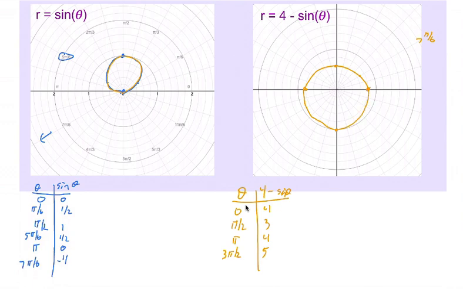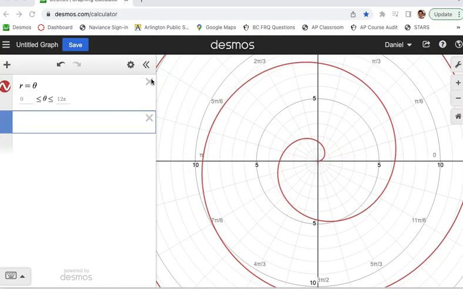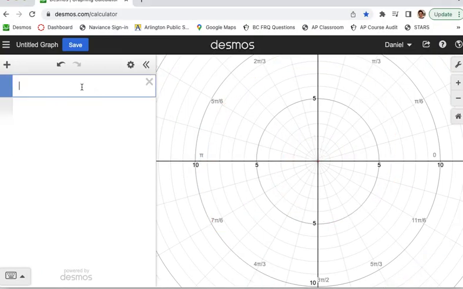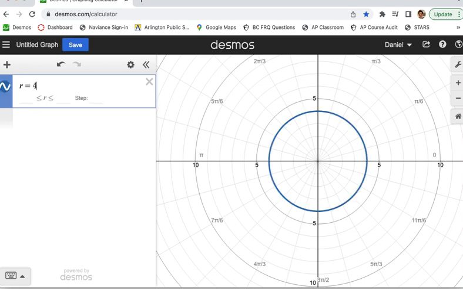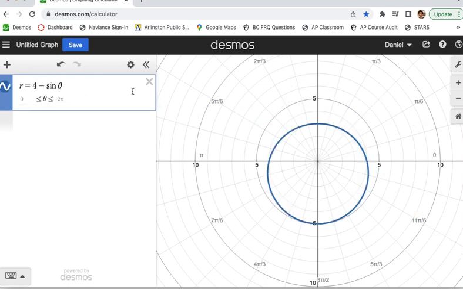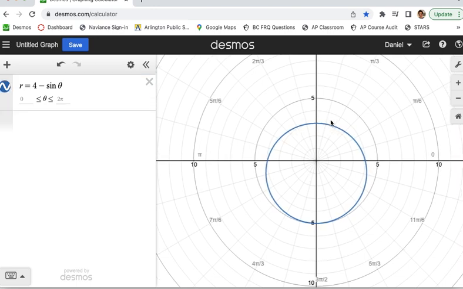Maybe I didn't draw that as evenly as I could have. But if we take a look at the graph of it here, r equals 4 minus sine of theta, you can see it's kind of like a circle, but a little bit bottom heavy. It's not quite even. It's a little bit flatter up here and a little bit wider down here.